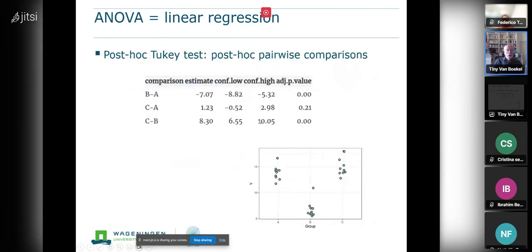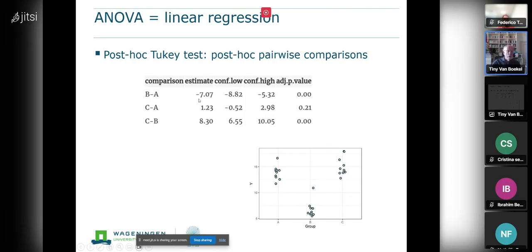But there are other ways that maybe you have heard of before. That is a so-called post hoc test. In this case, the Tukey test is used a lot. And then you can make the pairwise comparisons. So you can then calculate specifically for the difference between each group.